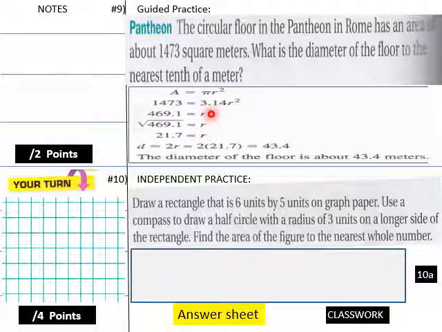And then we're going to get rid of this squaring, so we take the square root of both sides, and we get 21.7 equals r. And we want to find the diameter. So diameter equals 2r. 2 times 21.7 equals 43.4. So the diameter of the floor is about 43.4 meters for the Pantheon in Rome.